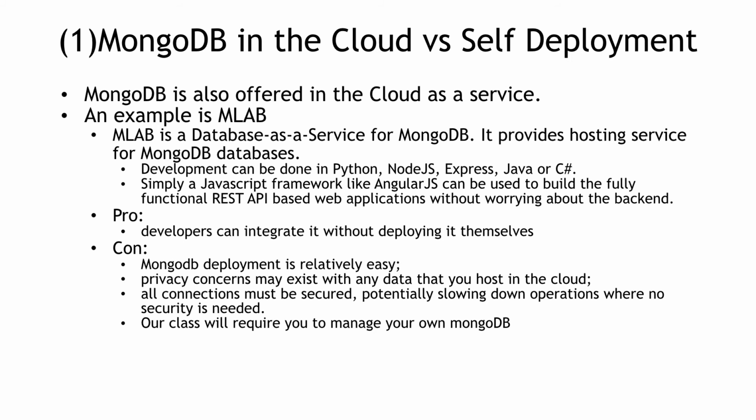At the same time, all connections must be secured between the externally hosted framework and service and our client. However, sometimes we actually execute our connections on the same server where our local database is being hosted.